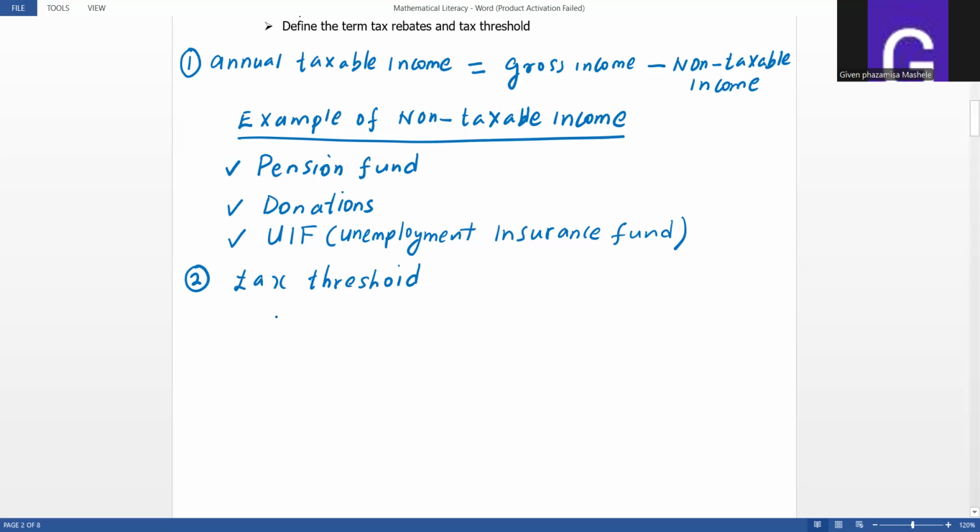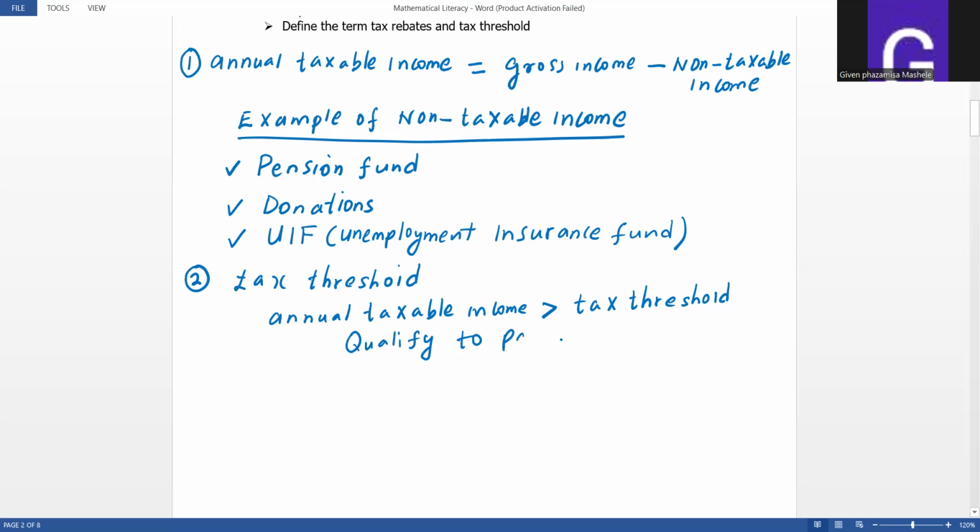Which means that if the annual taxable income is greater than the tax threshold, it can be greater or actually equal to, but if it is greater than the tax threshold, then this person qualifies to pay tax, has to pay tax.